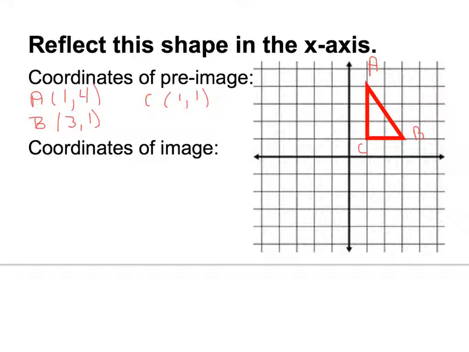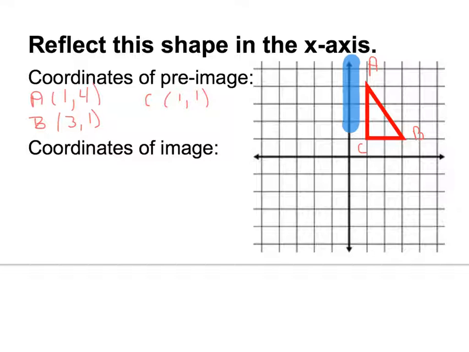In order to do that, if you have a highlighter, now would be a great time to take it out. We are going to highlight on the x-axis. Oops, sorry, I did the wrong thing.